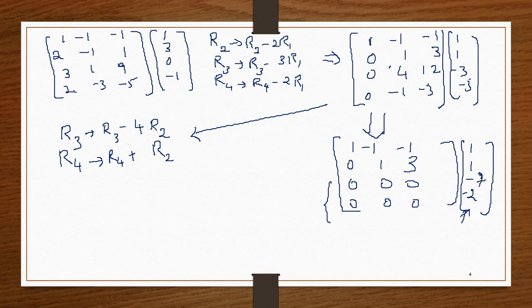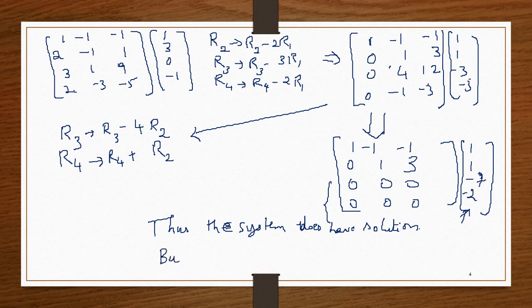So thus we can say that the system does not have a solution, hence the vector is not in the subspace; the solution set is not in the subspace.